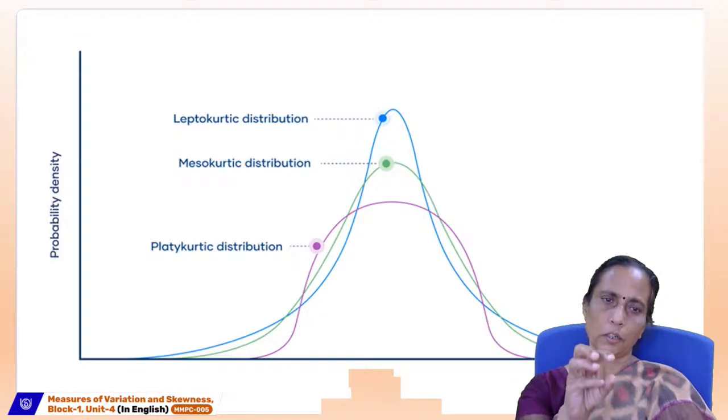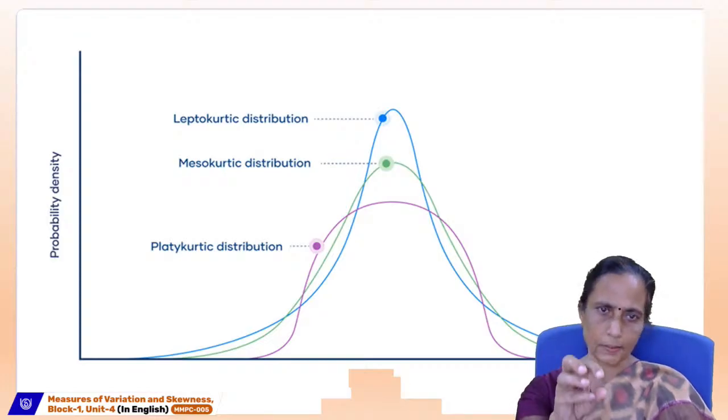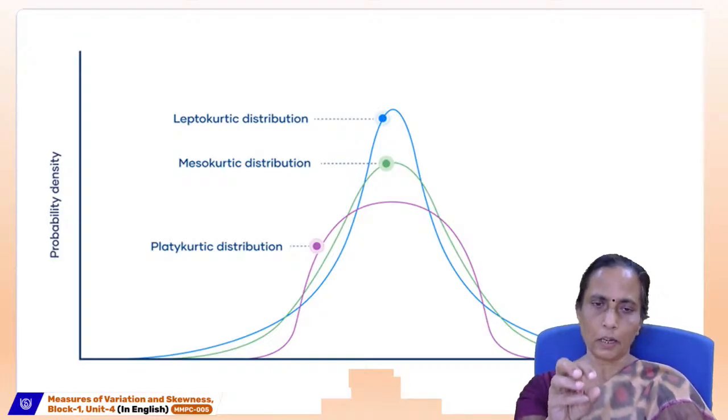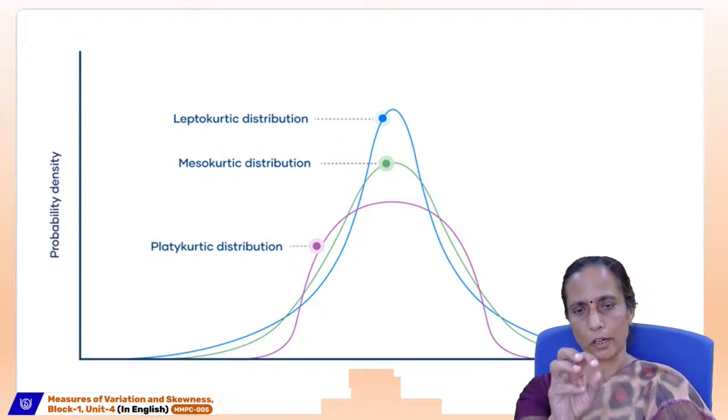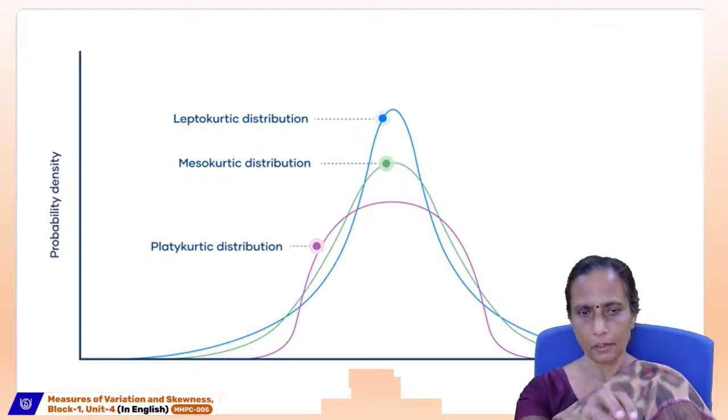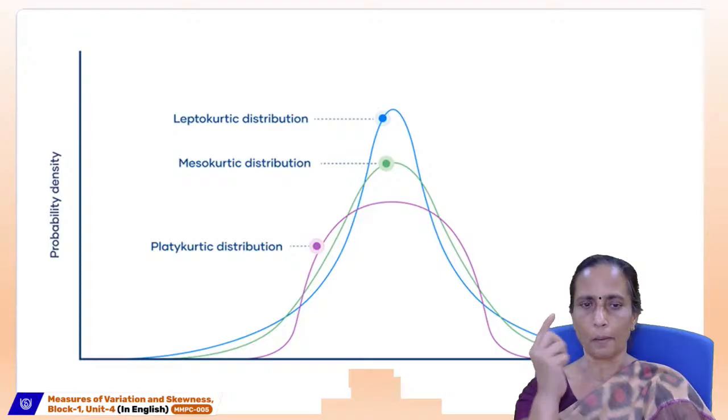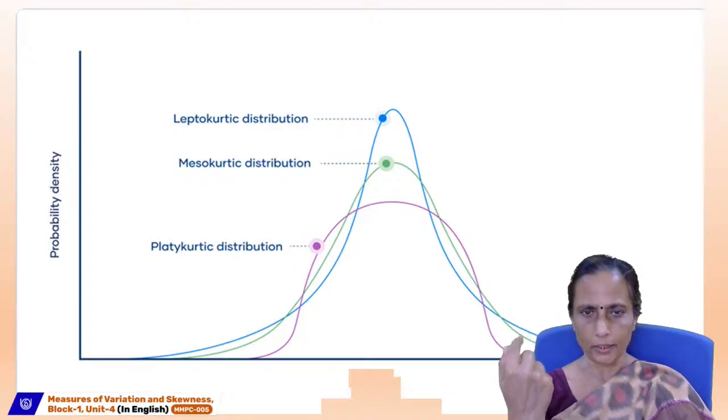But the data sets may be such that the mean, median and mode all come out to be one and the same.